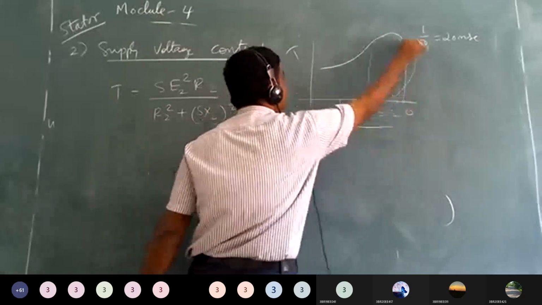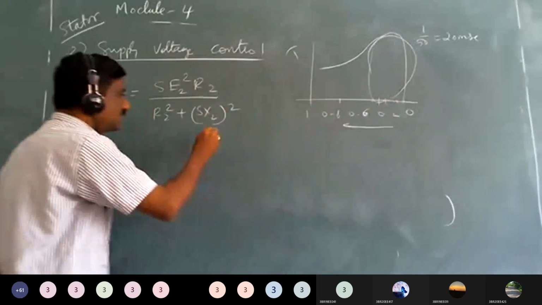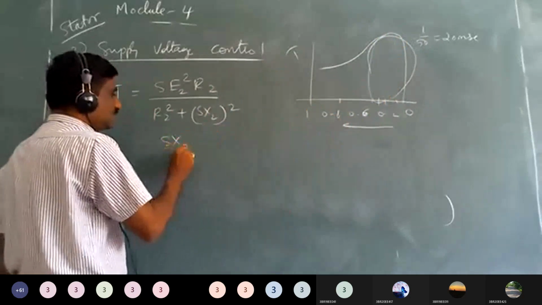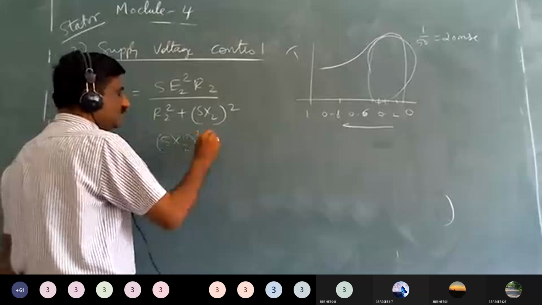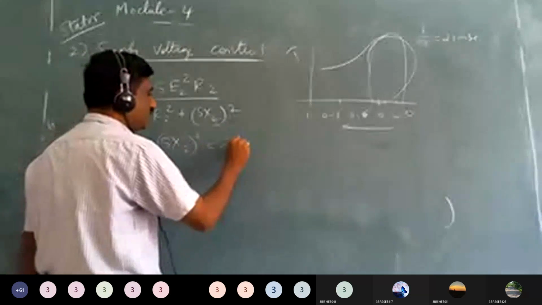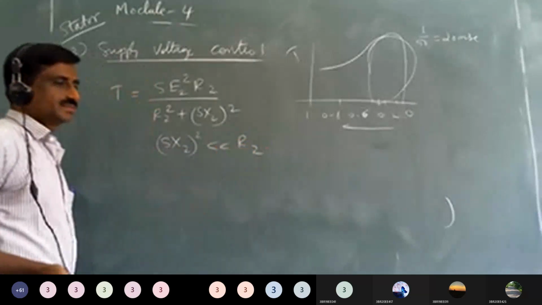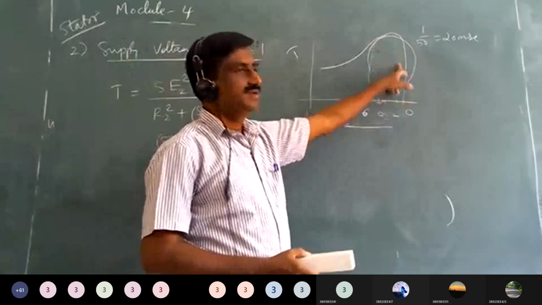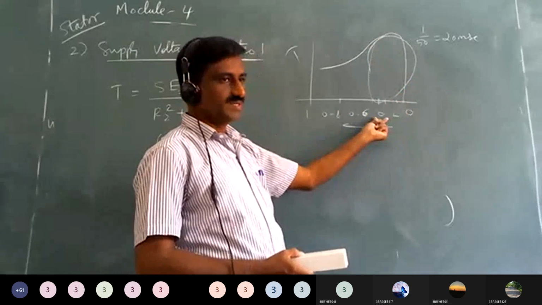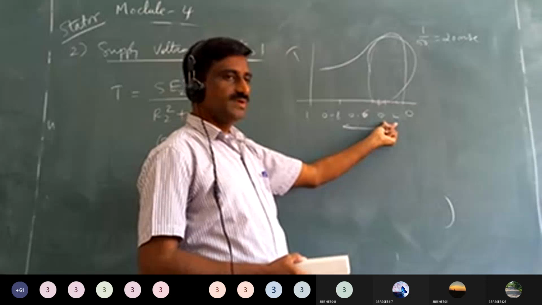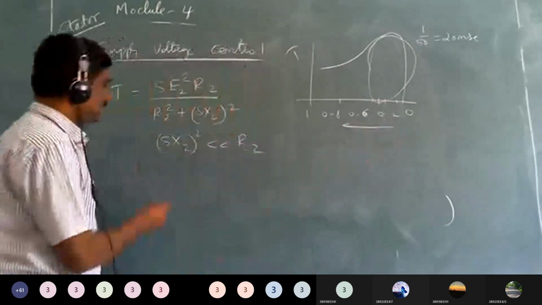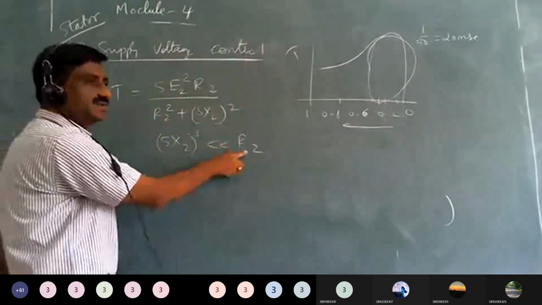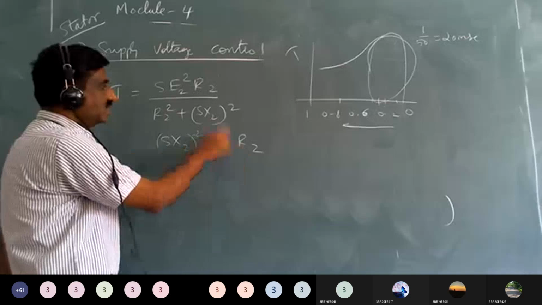In this region, the SX2 term is very small compared to R2. In the lower slip region, slip value is very less, 20%, 0.2. In this region, SX2 is neglected compared to R2 in this equation.